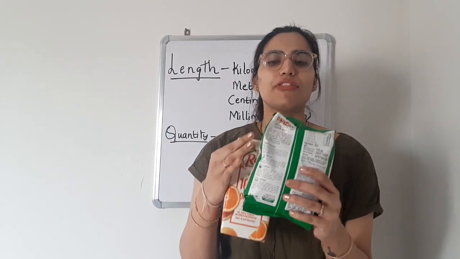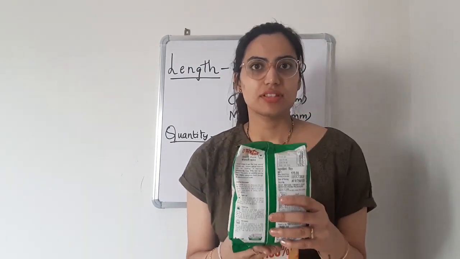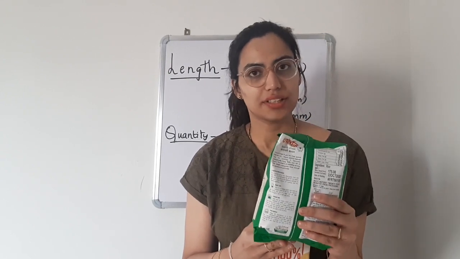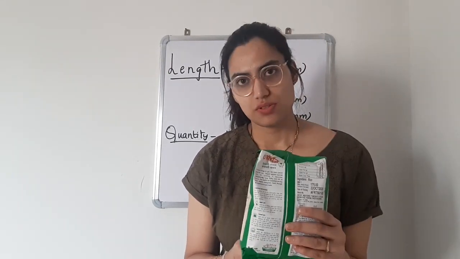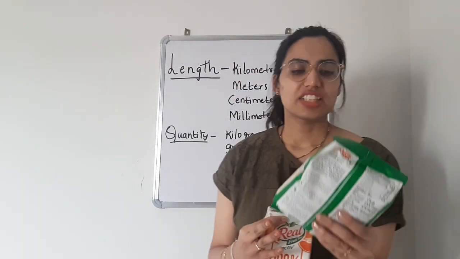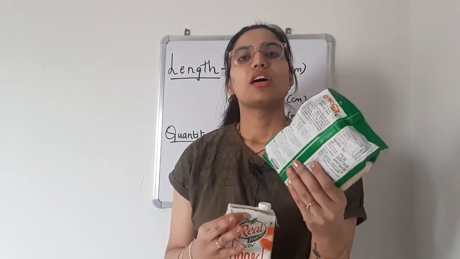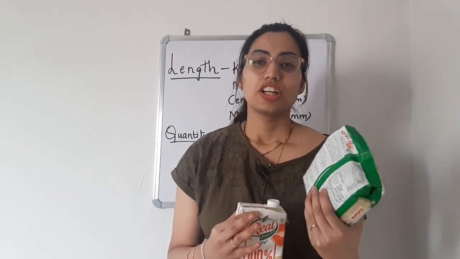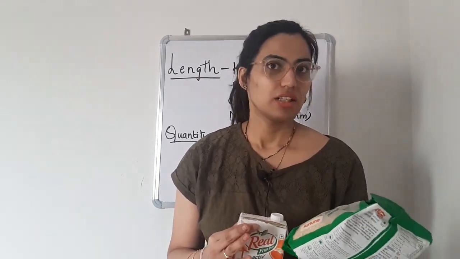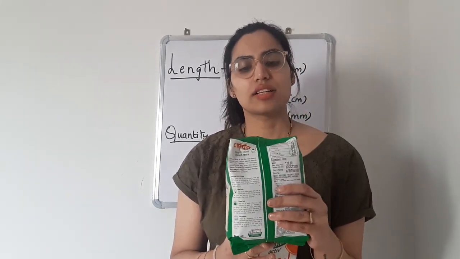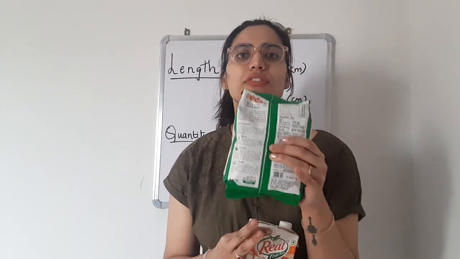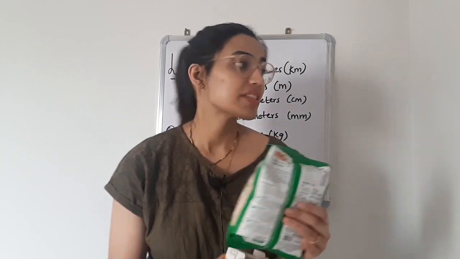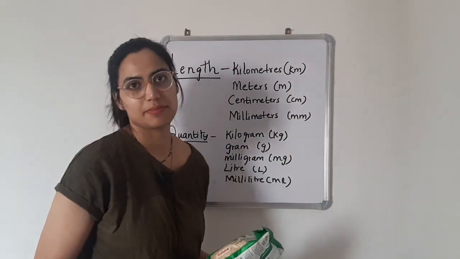So a few of the items and the quantities of those items can be calculated in kilos or kilograms, such as a rice bag. You can also measure your atta, your grains, anything in the form of kilograms, then grams, and then milligrams.